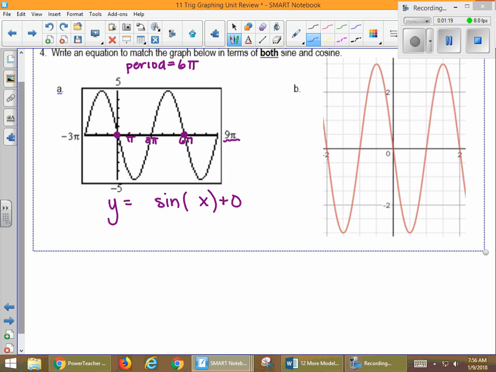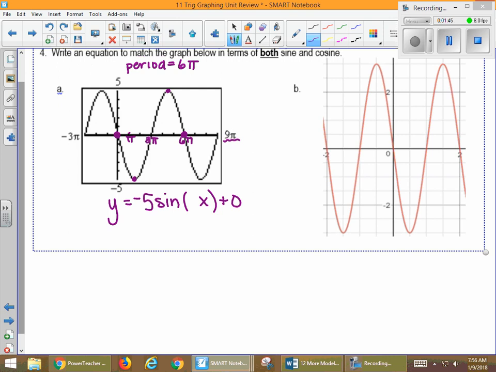I'm going to go ahead and make that a +0 if I can. My wave goes down and then up for sine, so I have a reflection over the x-axis. And it's marked there that this goes from -5 to 5, so the amplitude of my function, the height of my curve or my wave from the midline, is 5.